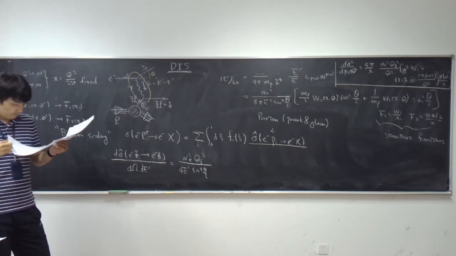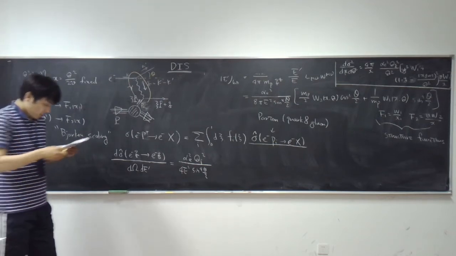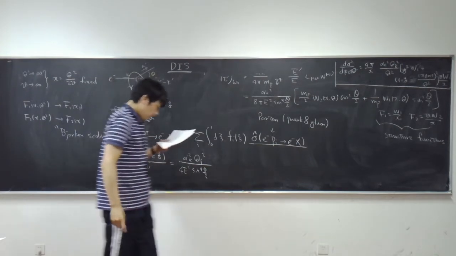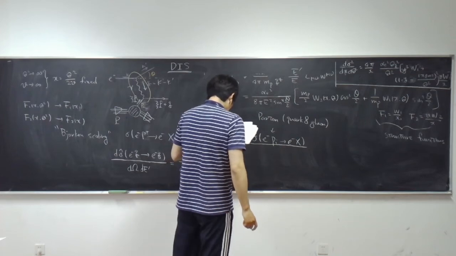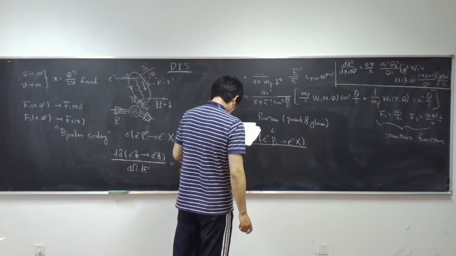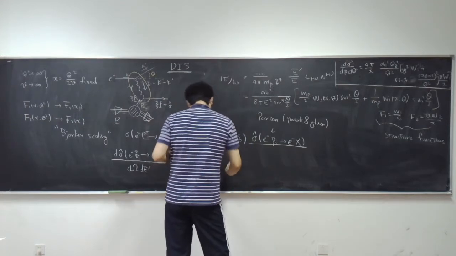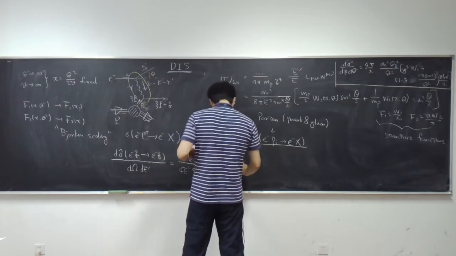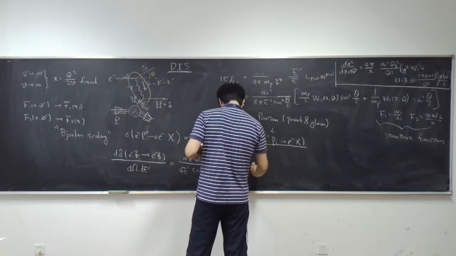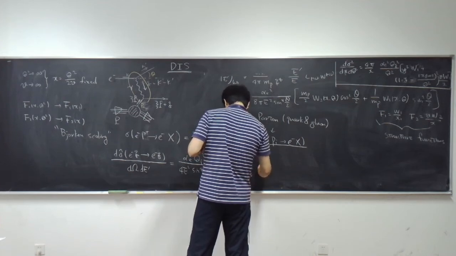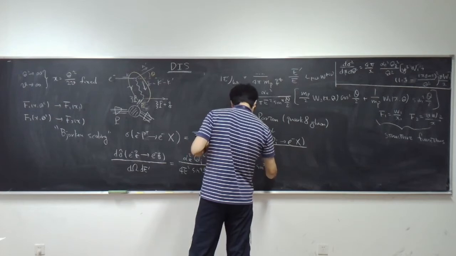Okay, that's the θ. And then cos²(θ/2) plus Q²/2M² sin²(θ/2).